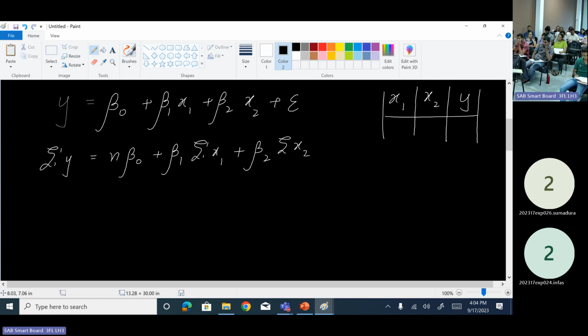So we can multiply by x1 and sum it up to get another equation. x2 is also there. You can multiply by x2, sum it up, and get the third equation. Since there are two x's here, you multiply this by x1, sum it up, you get another equation. Multiply by x2, sum it up, you get the third equation.